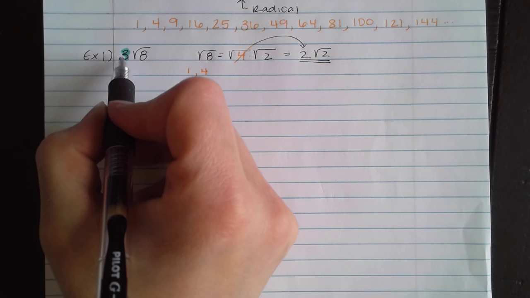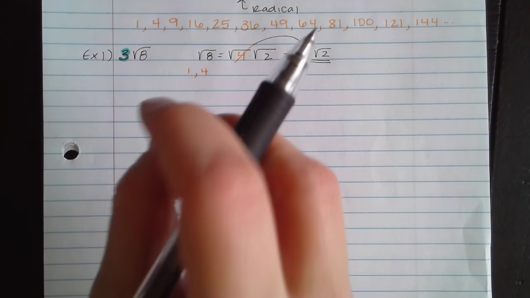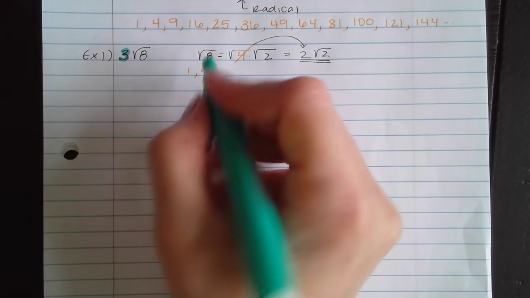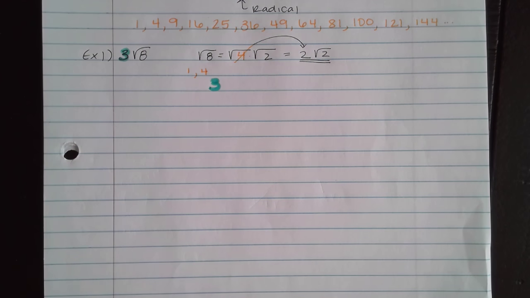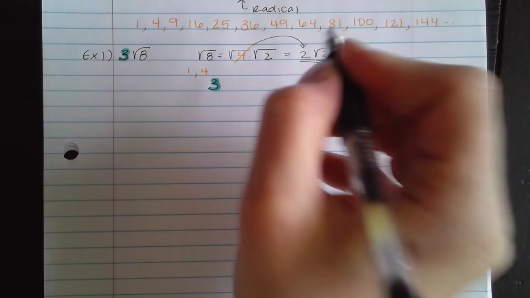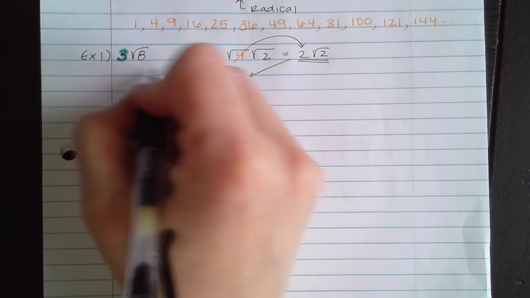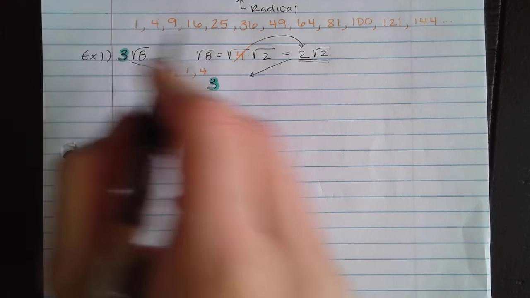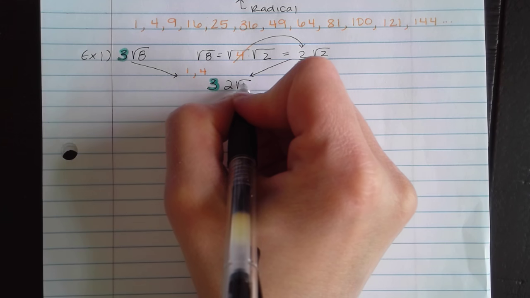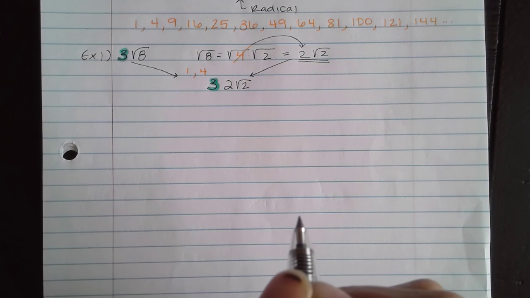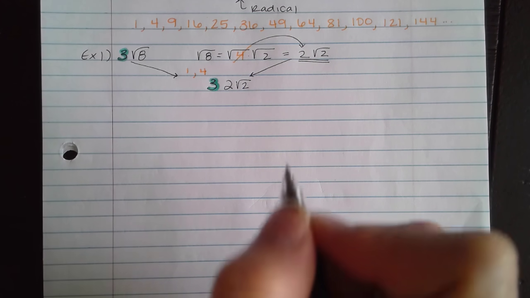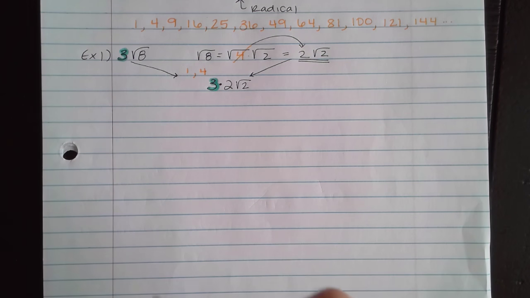Now, what about that 3, right? I said we forget about the 3 until right now. Take that 3, bring it out in front. Then bring that together. So we're bringing our original 3 and our simplified answer. Your answer is not 3 2 square root of 2. It's 3 times 2, because there's this multiplication out here.